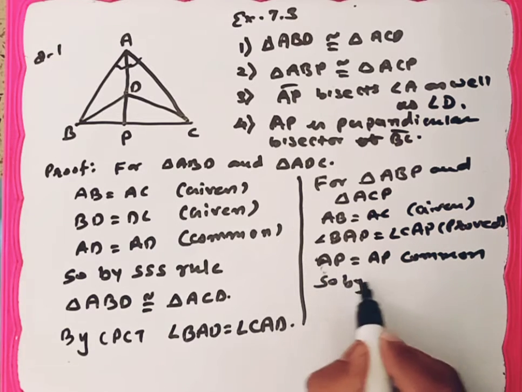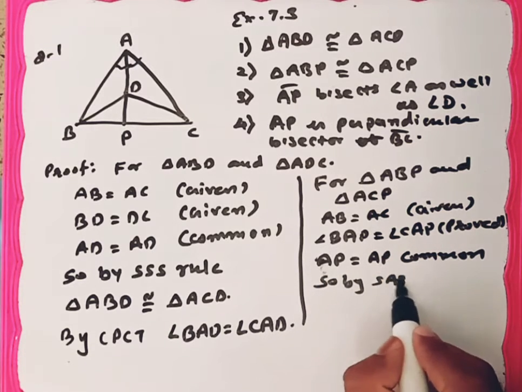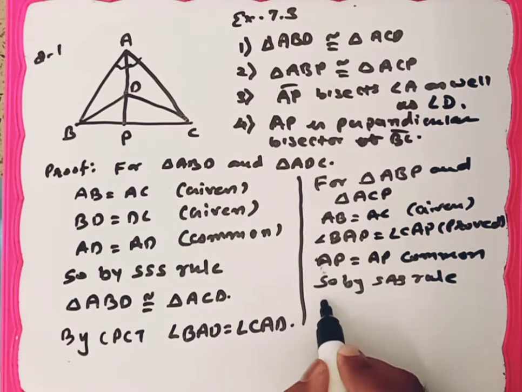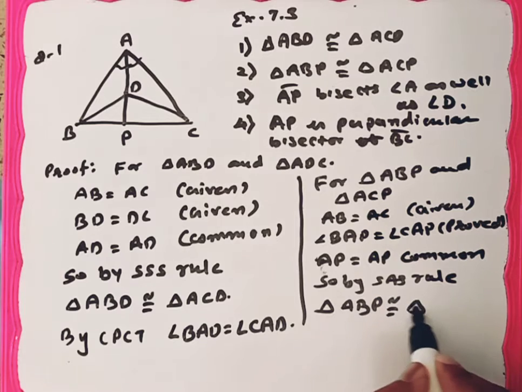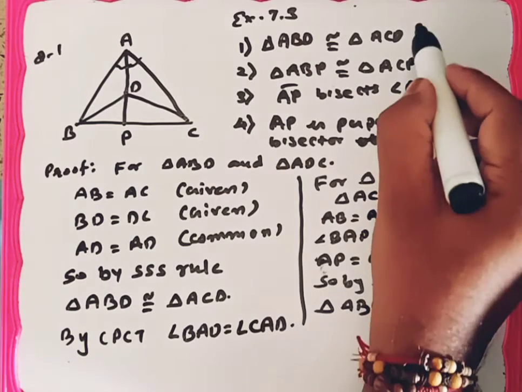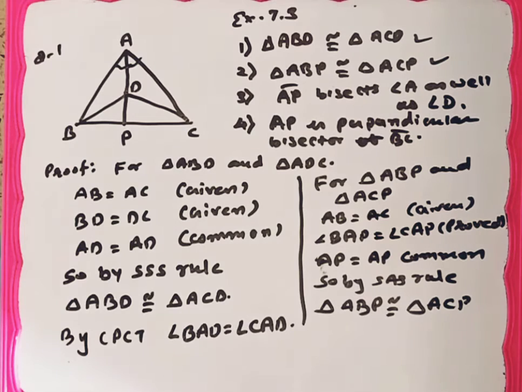So by SAS rule we can say that triangle ABP is congruent with triangle ACP. So first and second results we have shown.